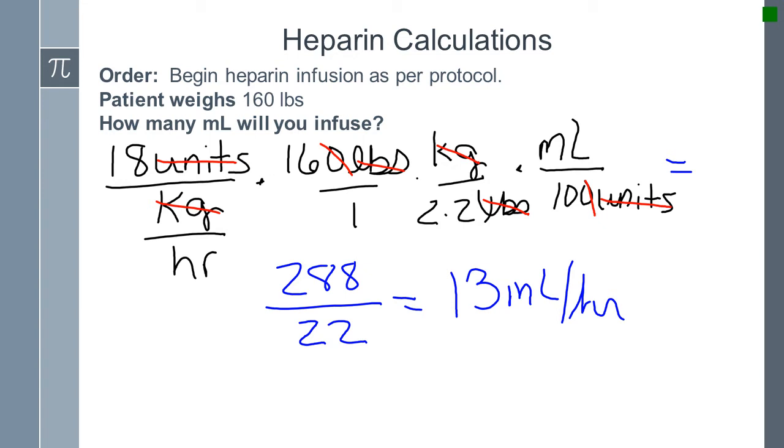So I have 288 divided by 22, which gives me 13.0909090909. So we're going to run this at 13 mils an hour. So 13 mils an hour is what we're going to start at.